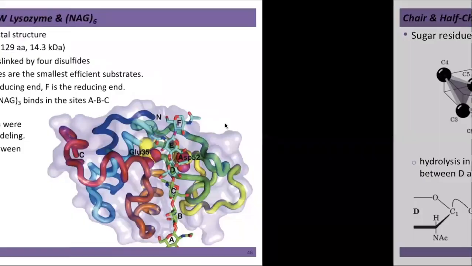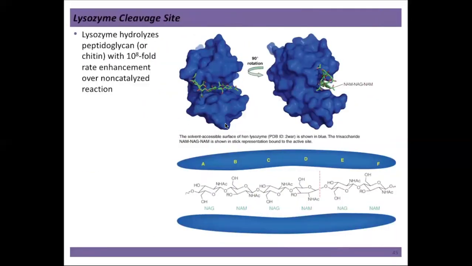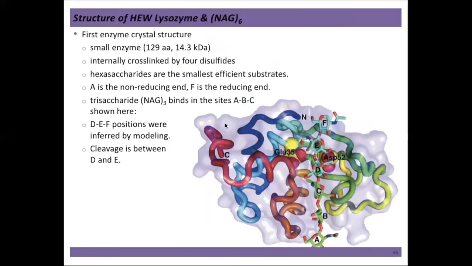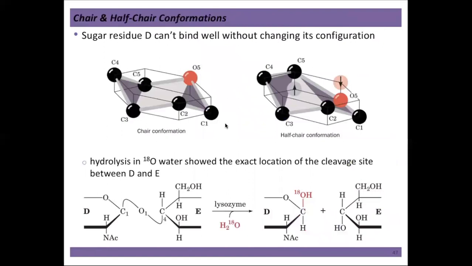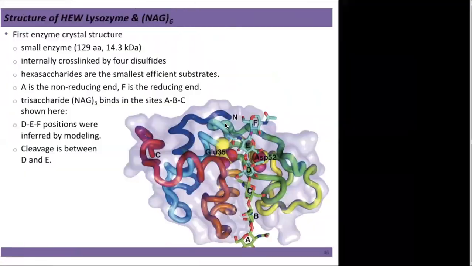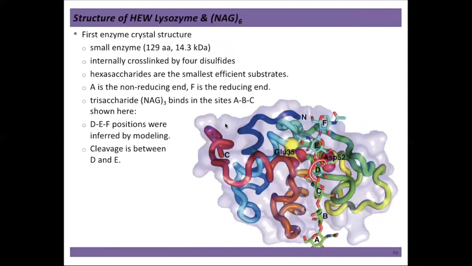Now, actually, I want to go back. If you notice in the structure right here where the cleavage is, notice how they drew out this 6-membered ring. Notice it's actually in a half chair, and that's significant for this enzyme's processing. So residue D, and sorry to keep going back, but that's going to be this one right here, and the cleavage is going to happen right there.